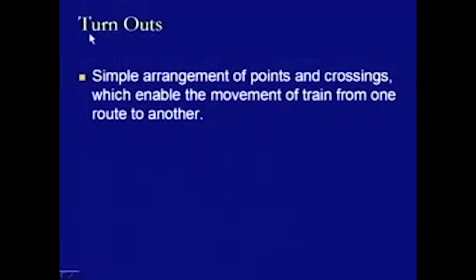This connection between the 2 tracks, or the merging or diverging of the 2 tracks from each other, helps in changing the direction of a train, and this is achieved by using 2 types of systems. One is the points, another one is the crossings, and when you use these points and crossings together, what we get is nothing but a turnout.